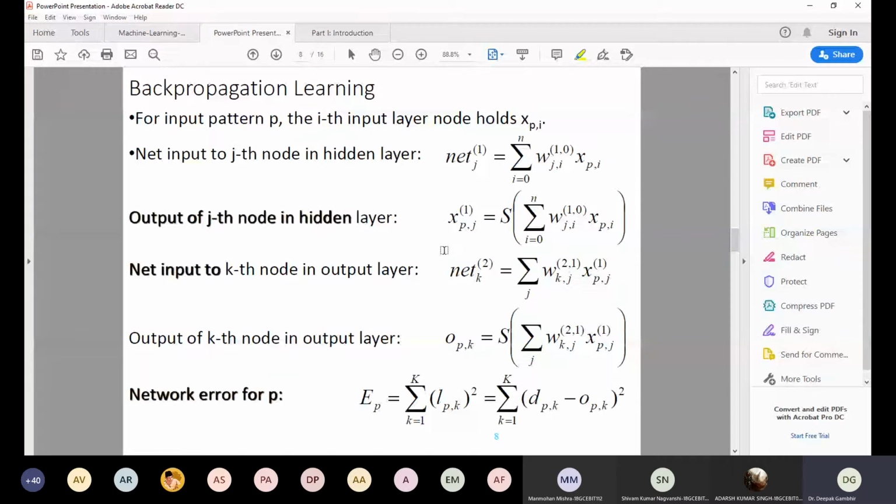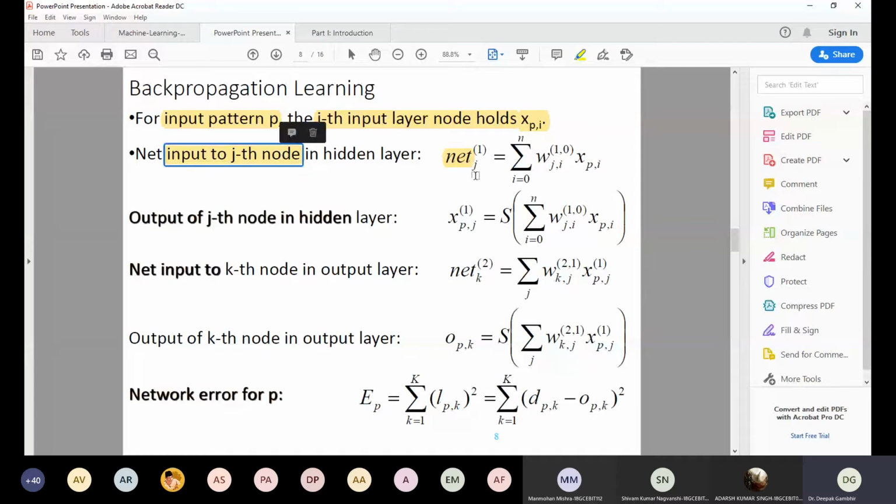For this backpropagation algorithm, we need to learn that for an input pattern p, the ith input unit holds x_pi. That is, the input pattern is p and the ith input. We write x_pi, the input for the ith unit. When it is the net input to the jth node, it is a summation.